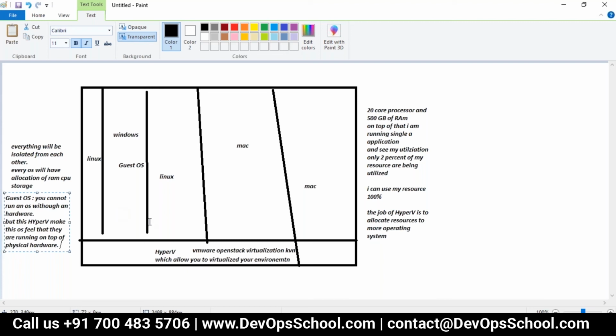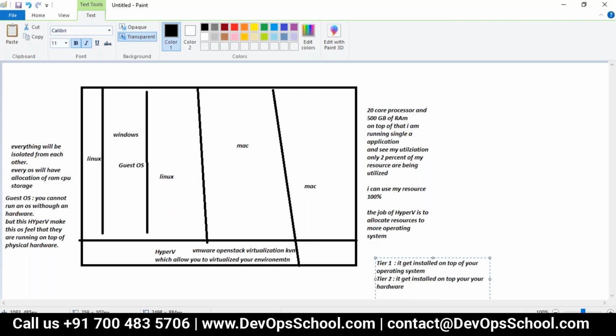There are two types of hypervisors. One is tier 1, another is tier 2. Tier 1 gets installed on top of your hardware. Tier 2 gets installed on top of your operating system.